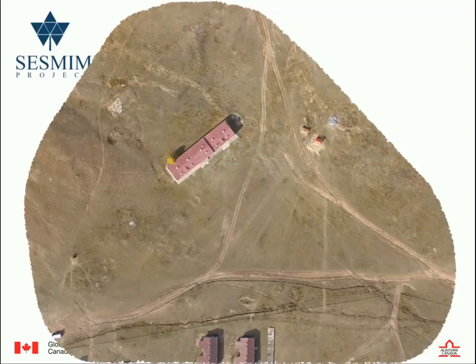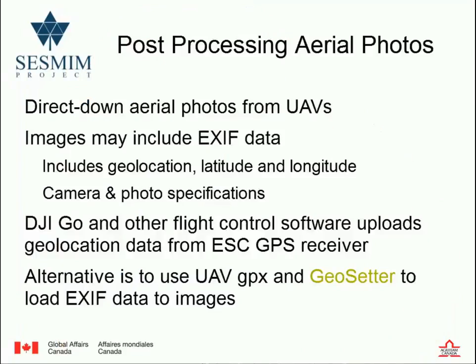On this trip, we're not going to use survey-grade equipment. Gary has some handheld GPS we'll use to do some less accurate ground control. So in essence, we take direct down photos from the UAV. Images should include EXIF.